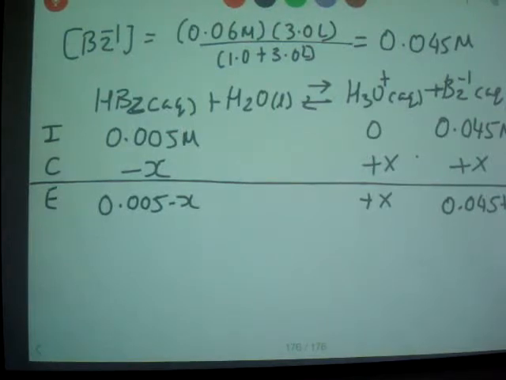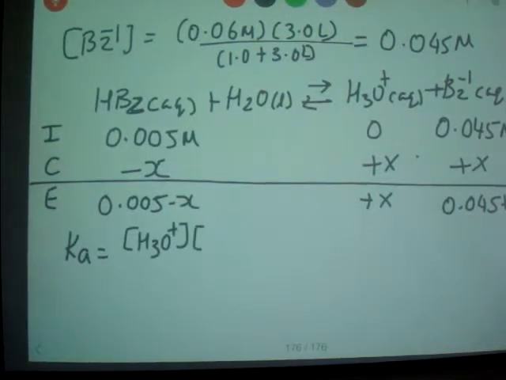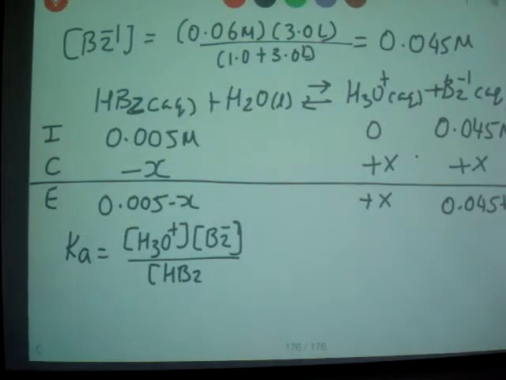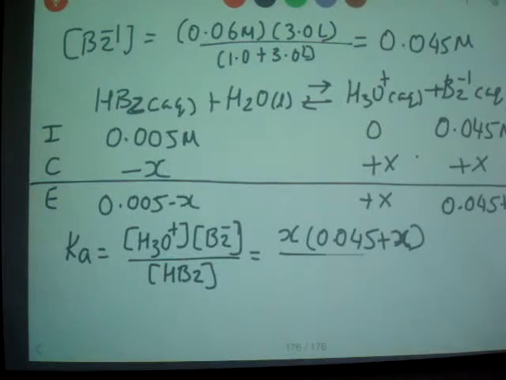Now, we need to write the Ka expression. Ka expression is H3O plus concentration times benzoate ion concentration divided by benzoic acid concentration. Now we need to plug in the equilibrium concentrations. So x times 0.045 plus x, and 0.005 minus x.